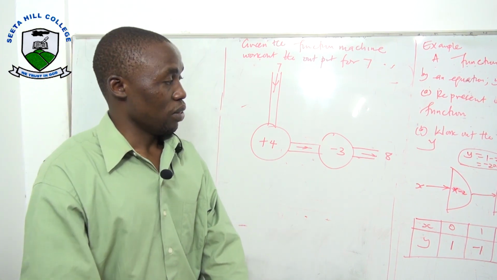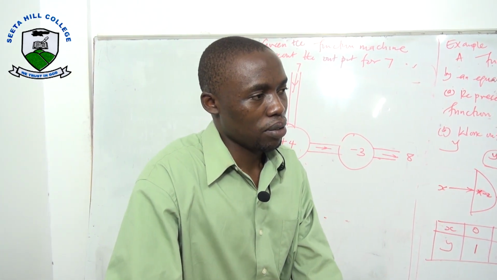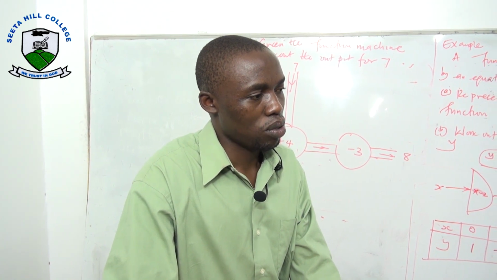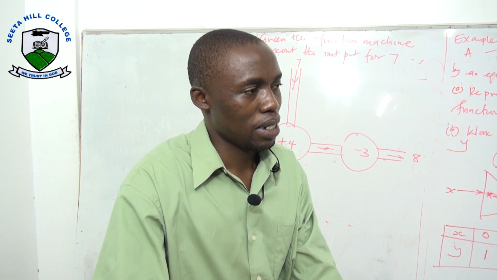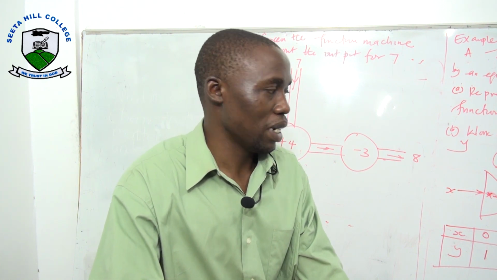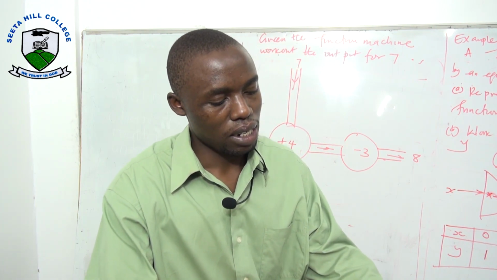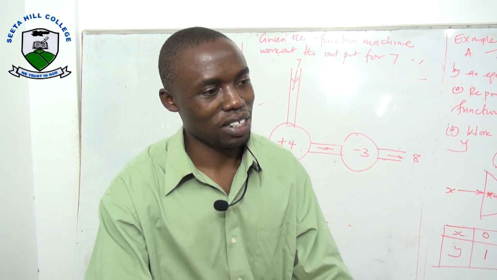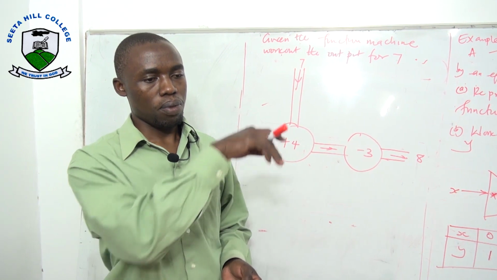Now class, I want to thank you for attending, and that's the first topic in senior 2. It's mappings and relations. We divided into mappings and relations, then we finally looked at functions as a mapping.